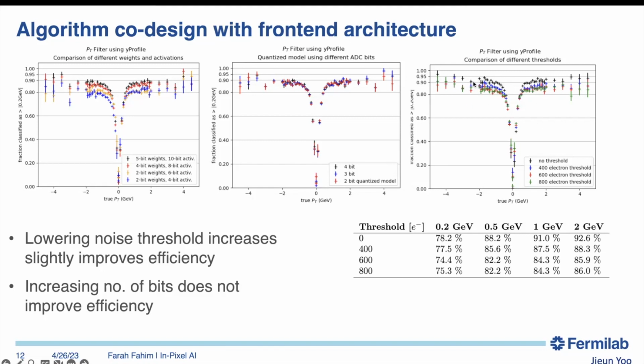It's slowly getting there for the -2 GeV, but it's not as good as the black curve. And then, of course, there's the 600 electron threshold and 800 electron threshold, which are not too far away from the blue curve. So lowering the noise threshold slightly increases the efficiency, but increasing the number of bits does not improve efficiency. That was our key takeaway from what we studied.